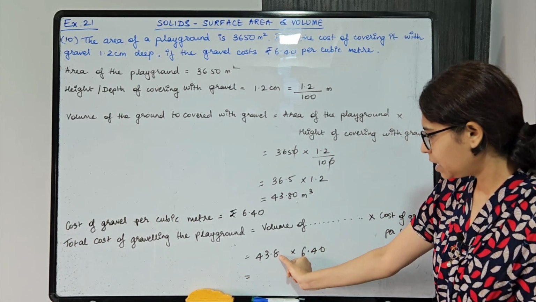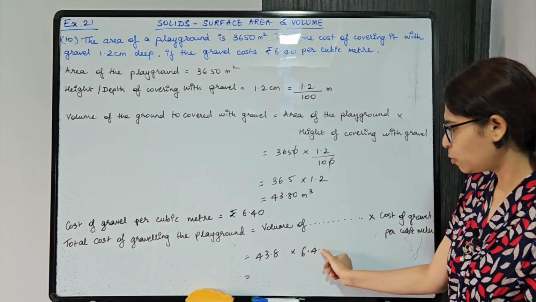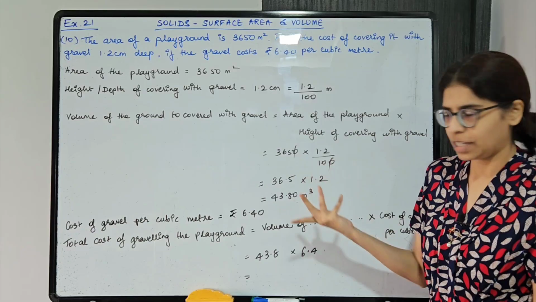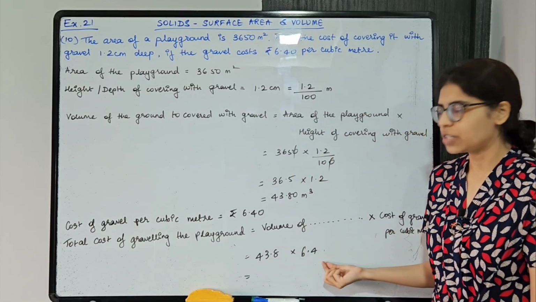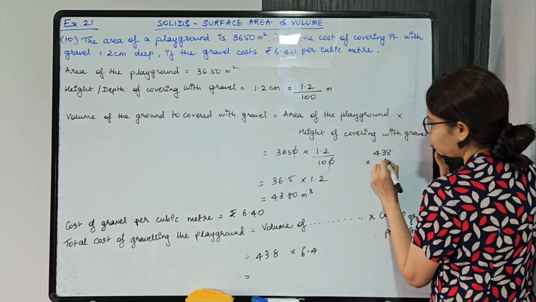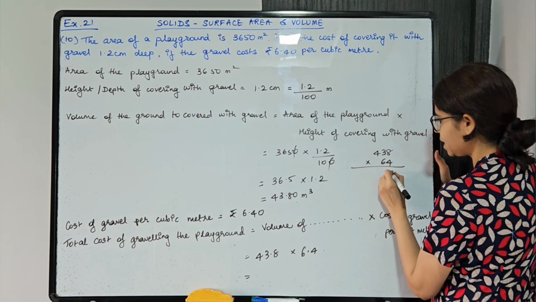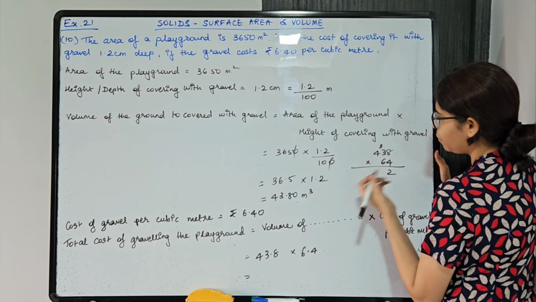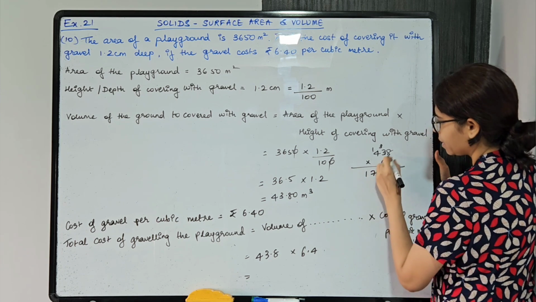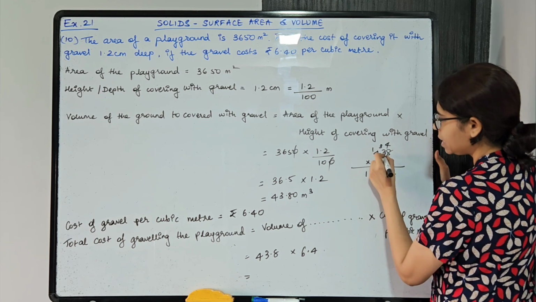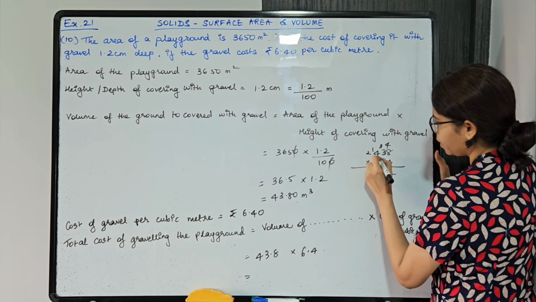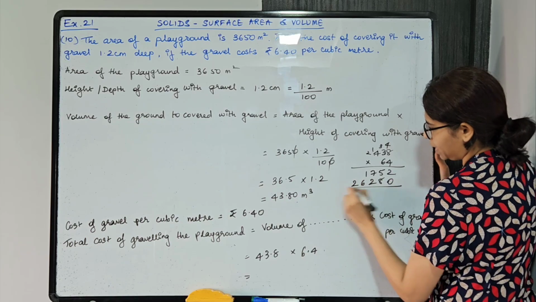ये जीरोस का कोई मीनिंग नहीं है स्टूडेंट्स, ओके। इसके बाद 10 जीरोस भी पुट कर दो तो कोई पॉइंट नहीं है, ठीक है। सो 80,000 भी पुट कर दो, एक ही बात हो गया। सो 43.8 into 6.4, so forget the decimal points for now. 438 into 64, 4 8s are 32, 4 3s are 12, plus 3 15, 4 4s are 16, plus 1 17, 6 8s are 48, 6 3s are 18, plus 4, that is going to be 22, 6 4s are 24, plus 2 26.